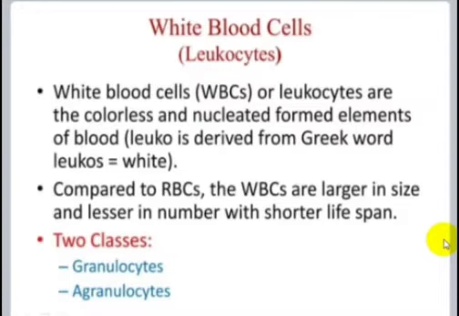Types or classes. There are two major classes of the white blood cells. Number A are known as granulocytes.